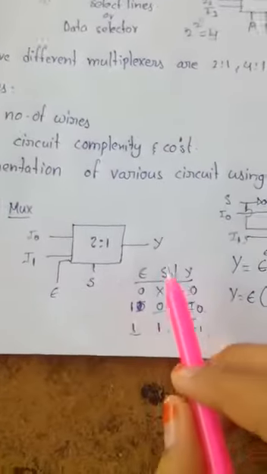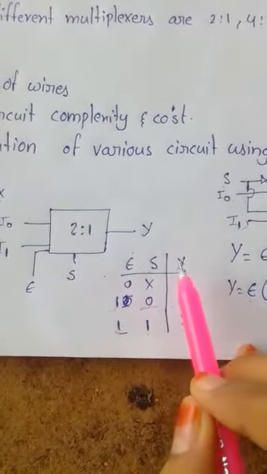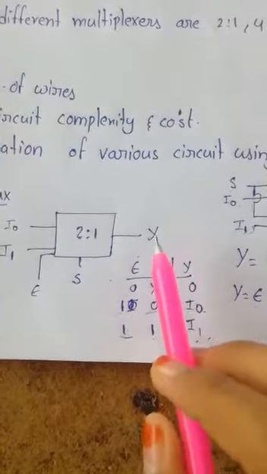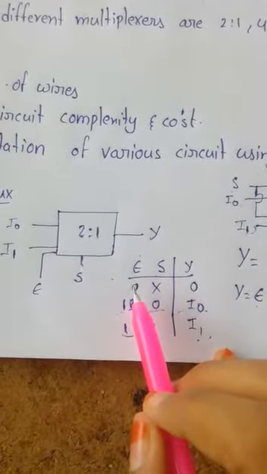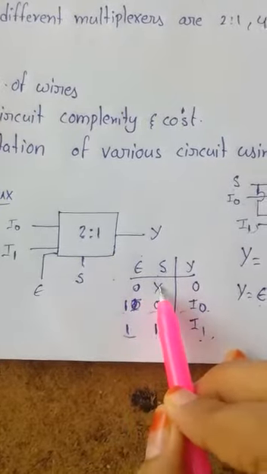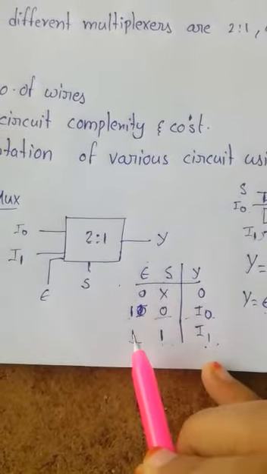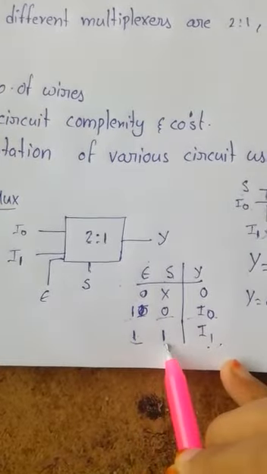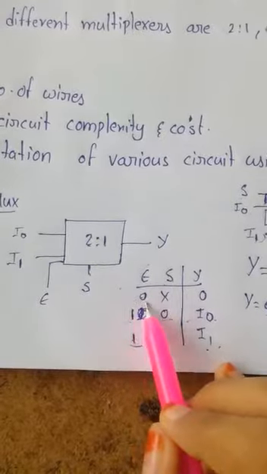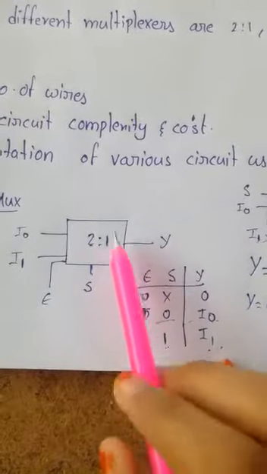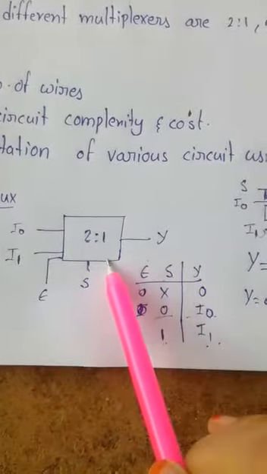We are taking one enable and one selector, and we see the outputs we get by using the selector. Here we have taken E as 0, S as X, and E as 1, S as 0, and E as 1, S as 1. If we take E as 0, that is enable is 0, the circuit will not perform anything.